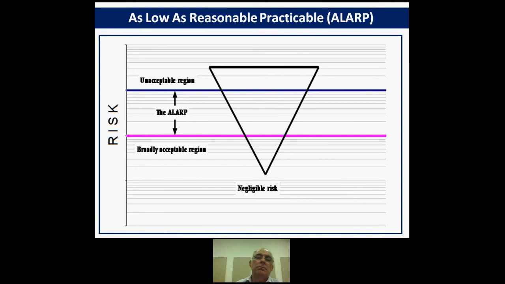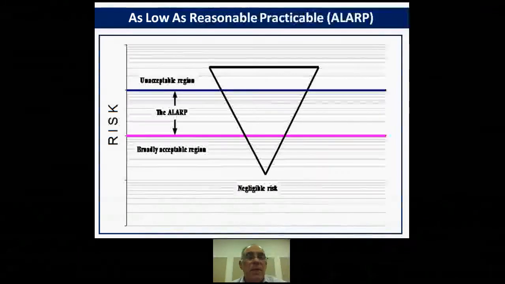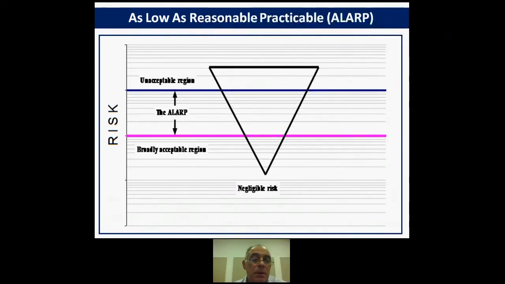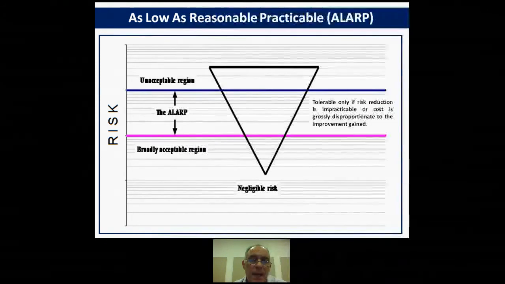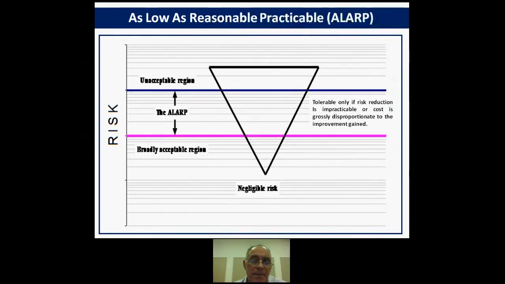There are therefore some regions which can be identified as being of unacceptable risk levels. A risk level and region which may be defined as being the tolerable region, provided that the risk reduction is impracticable or cost is grossly disproportionate to the improvement gained.